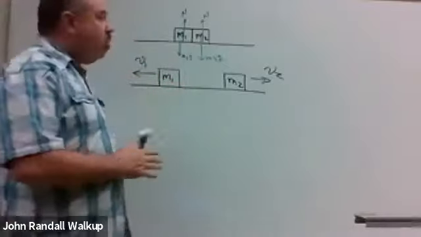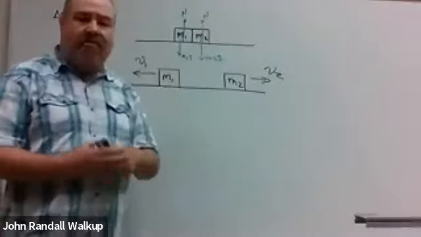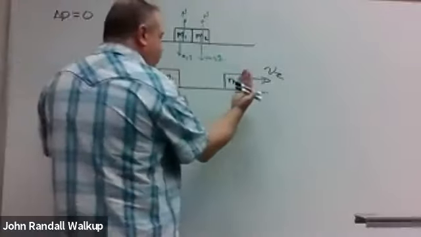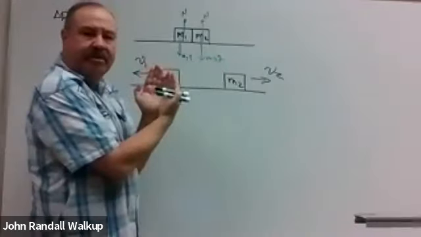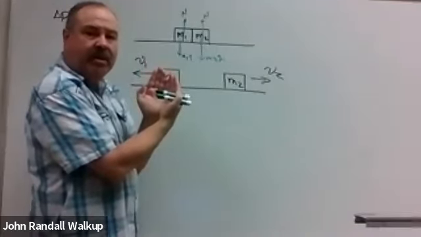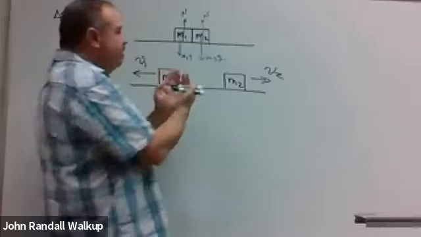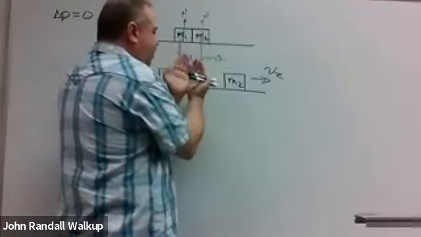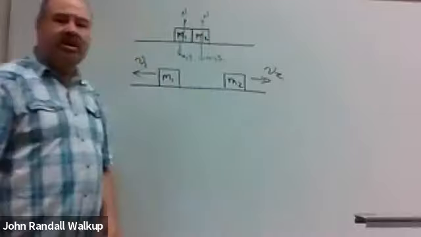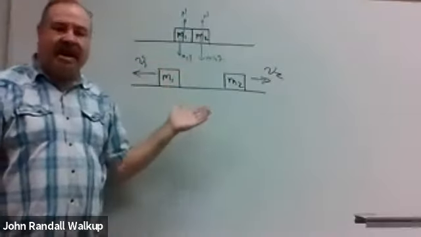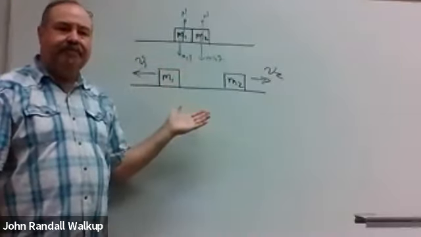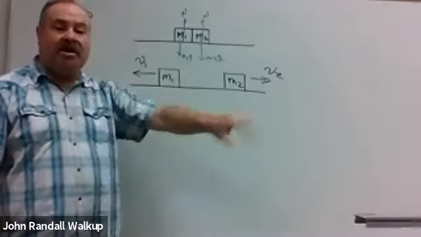And why? Well, if you ran this thing backwards in time, what would you see? You'd see these two bodies come and stick together. That's perfectly inelastic. That's the maximum amount of energy lost. This is just the perfectly inelastic collision run backwards. So energy is not conserved.